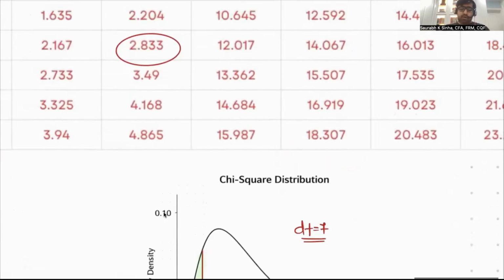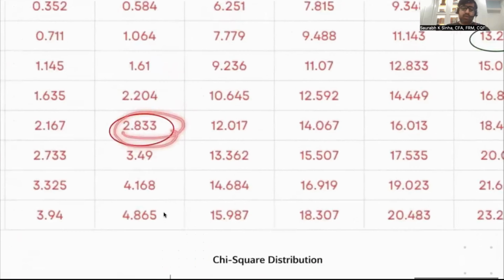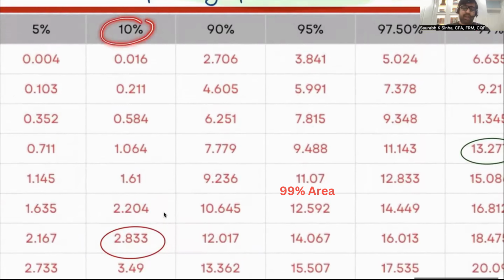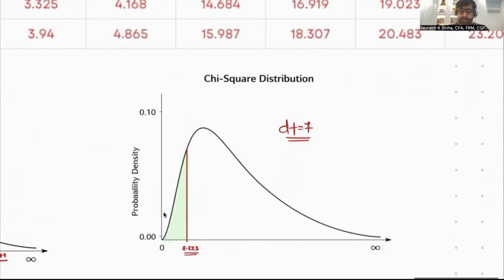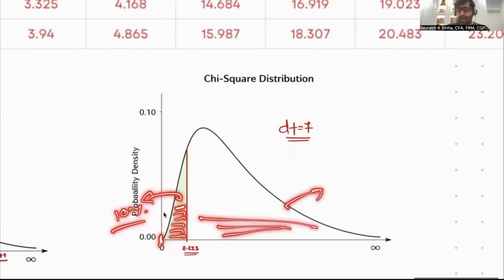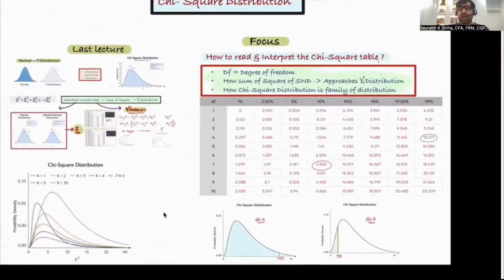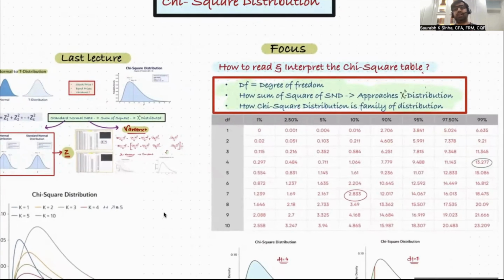Now, when you plot this 2.833, you have to look at the area given. The area is 10%, which means that the area on the left-hand side of 2.833 till 0 would be 10%. And the area in the right-hand direction is 90%. So this is how you interpret the chi-square table.